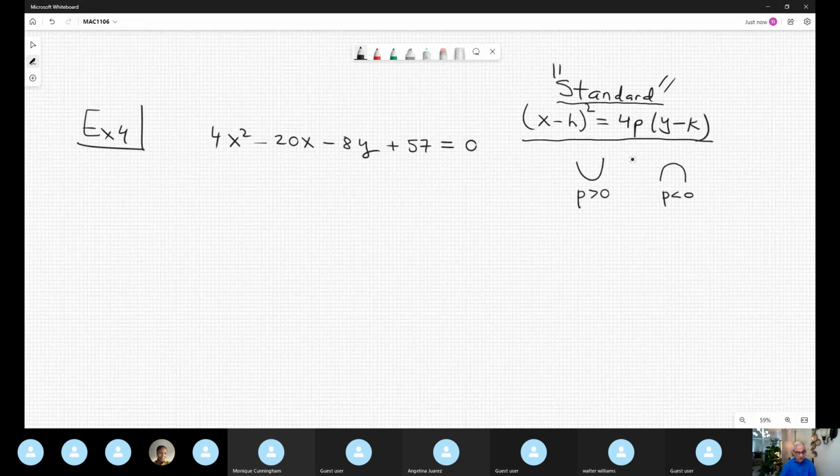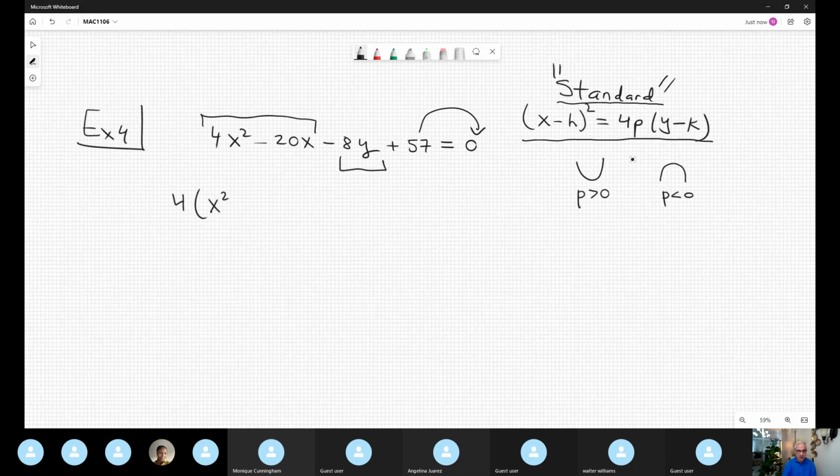Okay, so I propose this situation. I take the x part separately from the y part. And the coefficient 57, I recommend moving to the right-hand side. So you take the x part. In the x part, I can see, wow, 4 is a common factor.